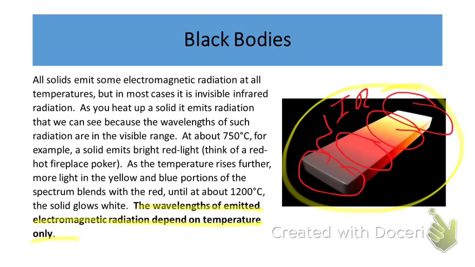Now, this was quite a mystery to scientists early on, the light being emitted from atoms in these solid objects, and so there was quite a bit of study going on. Why do we see these different colors being emitted at different temperatures?